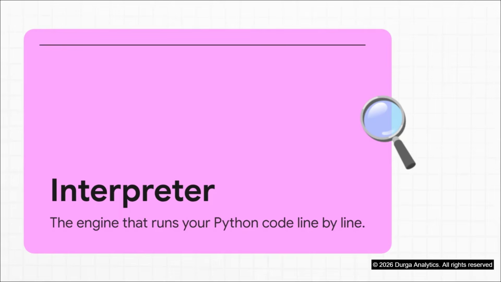To speak the language of the desk, we've got to precisely define our toolkit. Python is the programming language itself. The interpreter is the engine that actually runs your code line by line. Packages are just reusable blocks of code that other people wrote, like NumPy or Pandas. Now, a virtual environment is a completely isolated space.